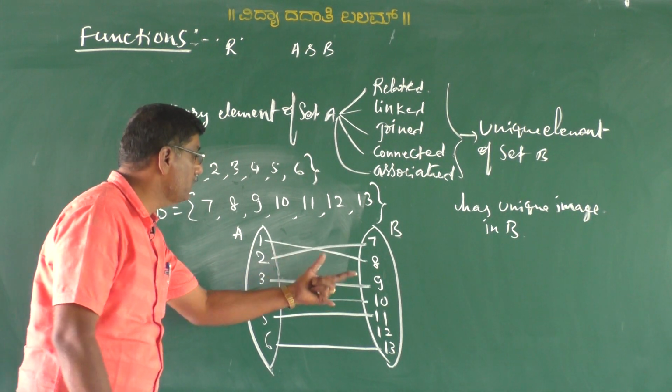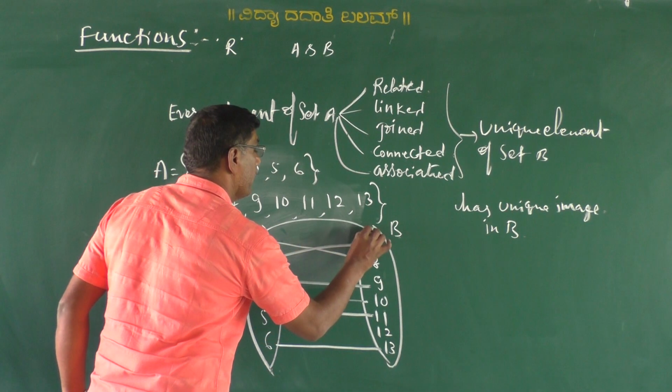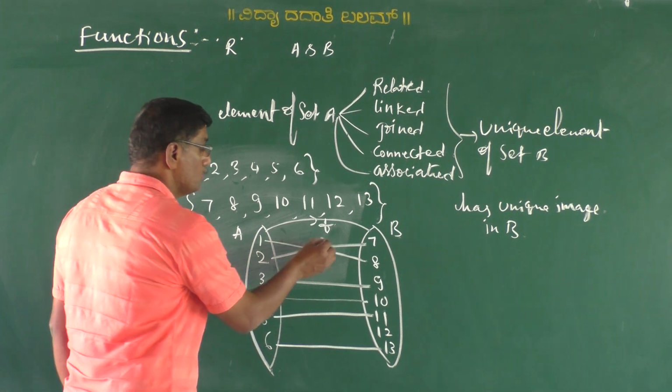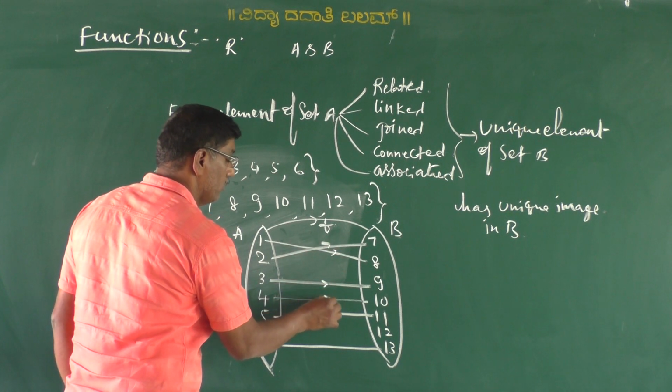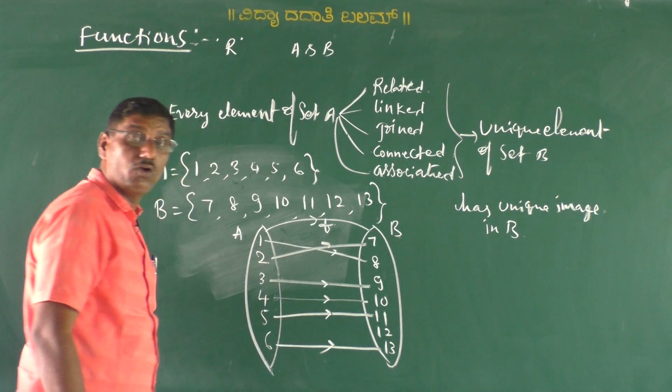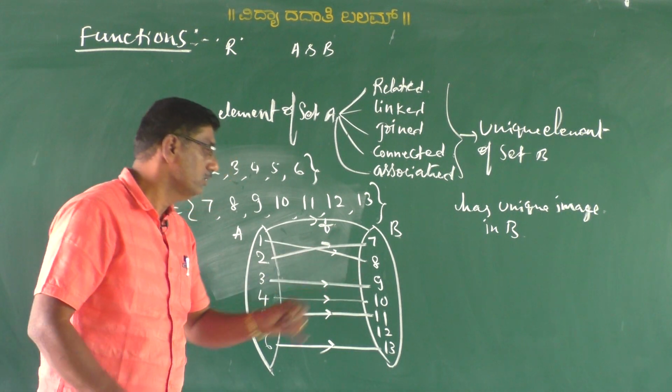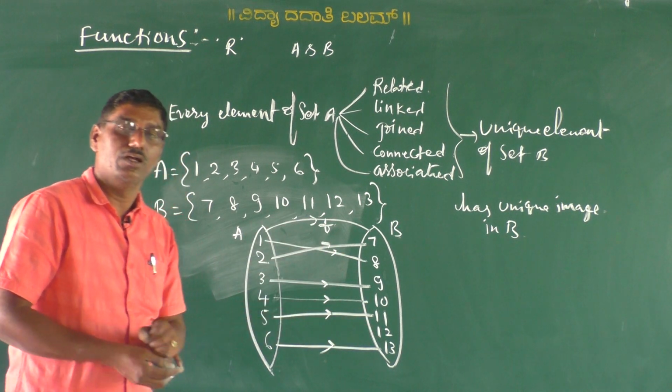Yes, now this is a function. This can be written like this, that is f. This shows an arrow mark, hence we call it an arrow diagram. Now this relation is a function. How?